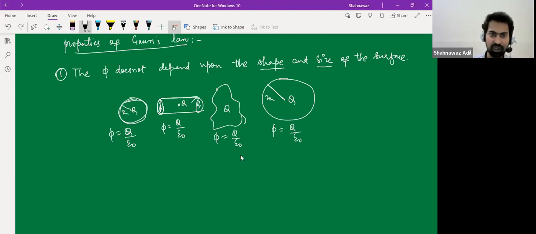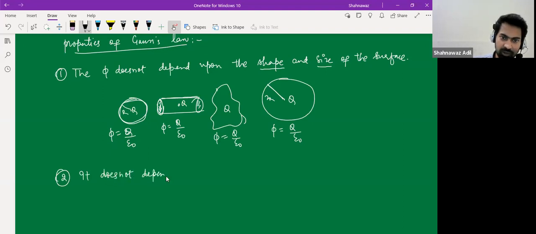Yes, sir. And the second property is that the flux does not depend on outside charge.